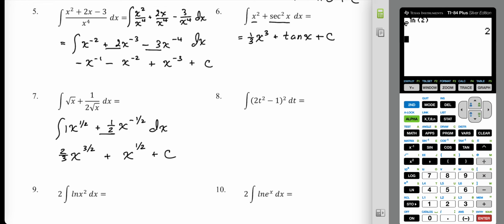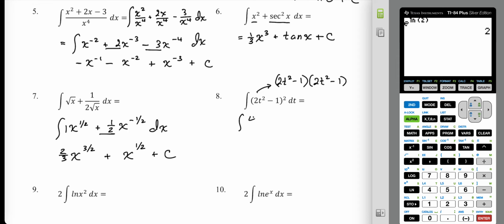First thing I see here is a binomial squared. All right, I look at that and I say, well, in Algebra 1 or college algebra, whatever course you took, we learned that you use double distribution or the FOIL method to expand that out. So why not do that here? All right, so this is the same as saying 2t squared minus 1 times 2t squared minus 1.